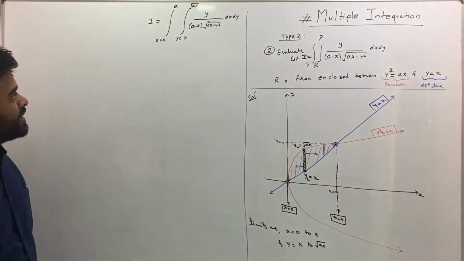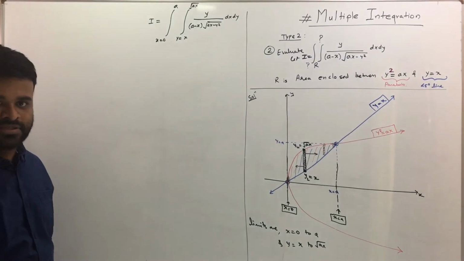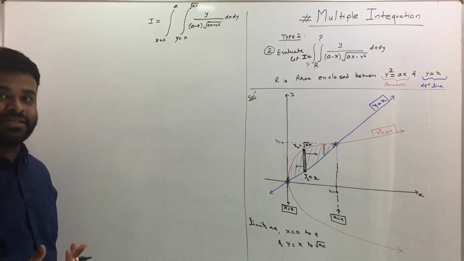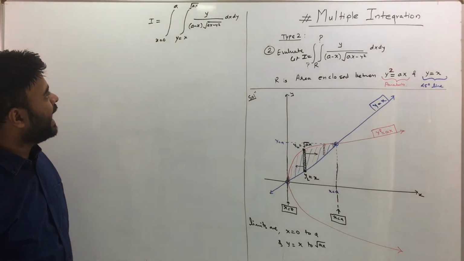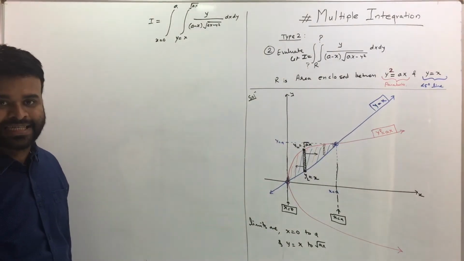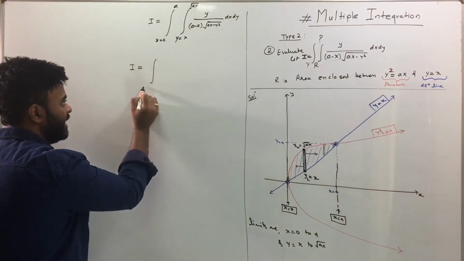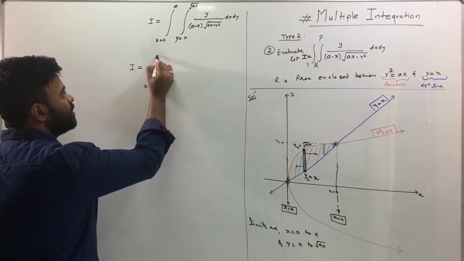Now I hope you remember that we always evaluate the inner integral first. And if you see, the inner integral is of y, so we'll integrate in terms of y. And we will just treat x as constant. So let me take x out. This is going to be I, integration x is equal to 0 to a.